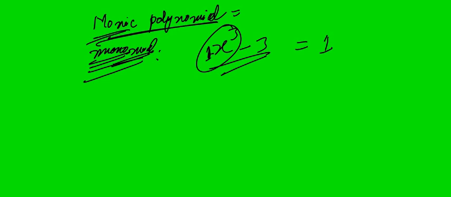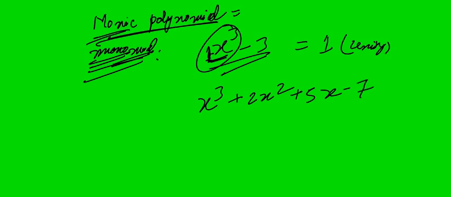That means the coefficient of the leading term is unity, that is 1. For example, I can write x cube plus 2x square plus 5x minus 7. Here what is the coefficient of x cube? It is 1. So it is called a monic polynomial. I hope you all have understood what a monic polynomial is.